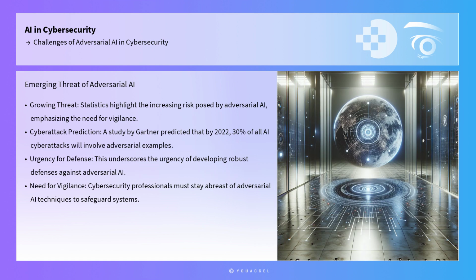Statistics further highlight the growing threat of adversarial AI. A study by Gartner predicted that by 2022, 30% of all AI cyber attacks will involve adversarial examples, underscoring the urgency of developing robust defenses. This statistic emphasizes the need for cybersecurity professionals to stay abreast of adversarial AI techniques and implement comprehensive strategies to safeguard their systems.